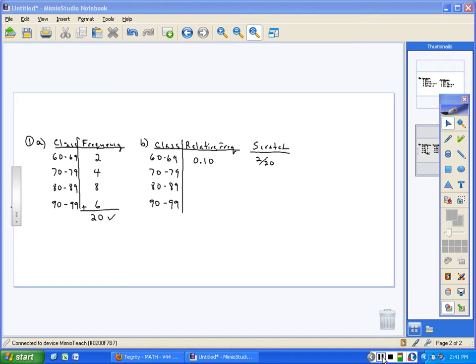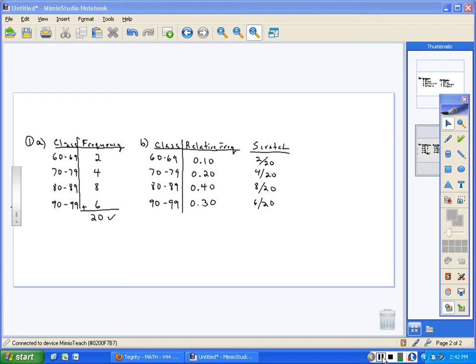The next class frequency is 4, and 4 divided by 20 would be 0.20. The next one is 8 divided by 20, which is 0.40. And the very last one is 6 divided by 20, which is 0.30.